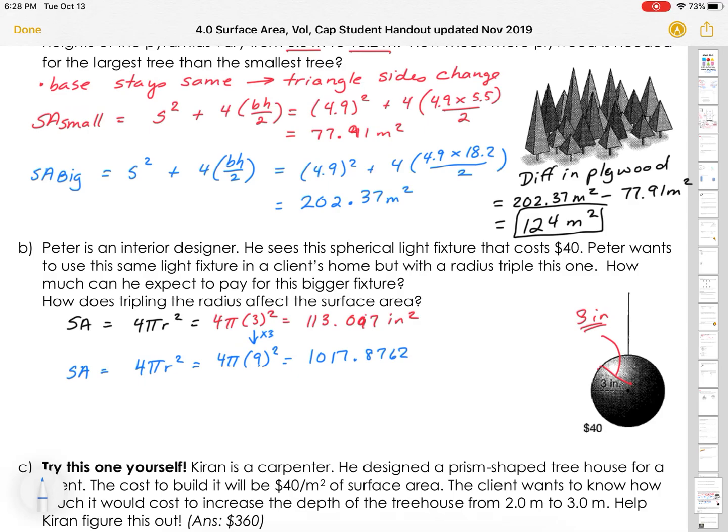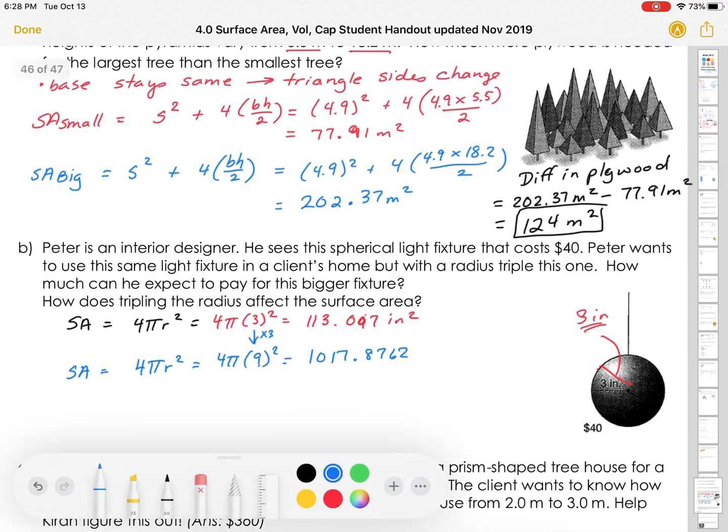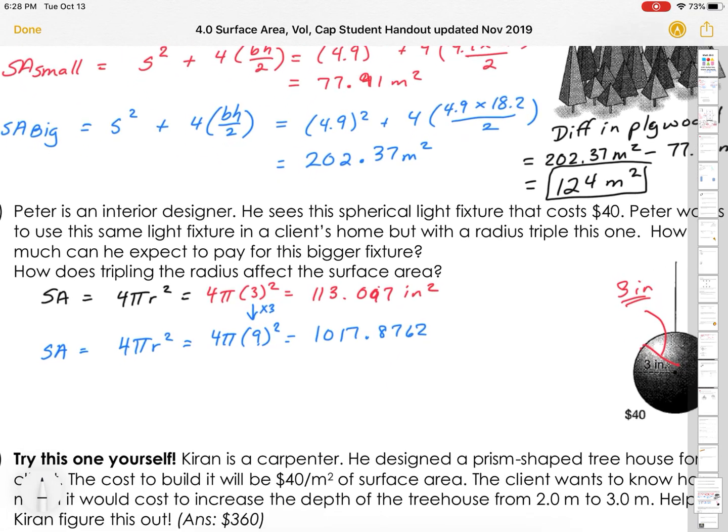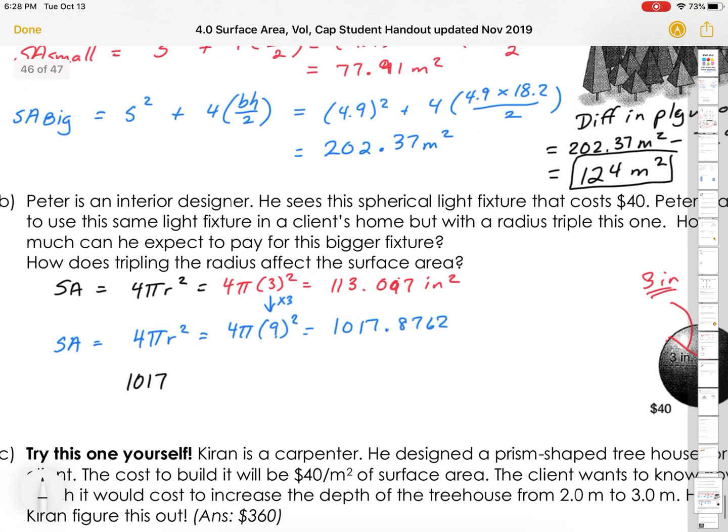Obviously, you're going to have a lot more there, right? So we're going to take our 1017 and we're going to divide it by 113.097. And when we do that, we get a 9 times. So what that tells us is that it takes 9 times more material.